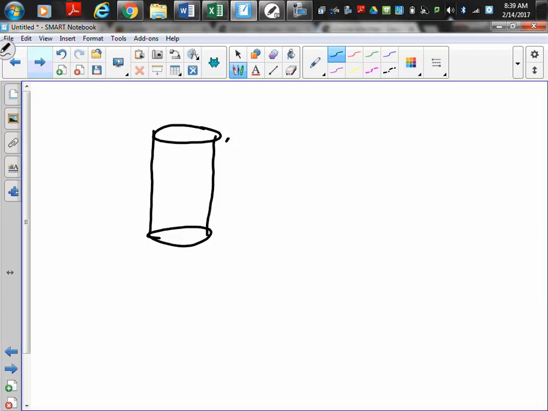There. So now I got my paper towel. Alright, so the formula for volume is... so it's what?